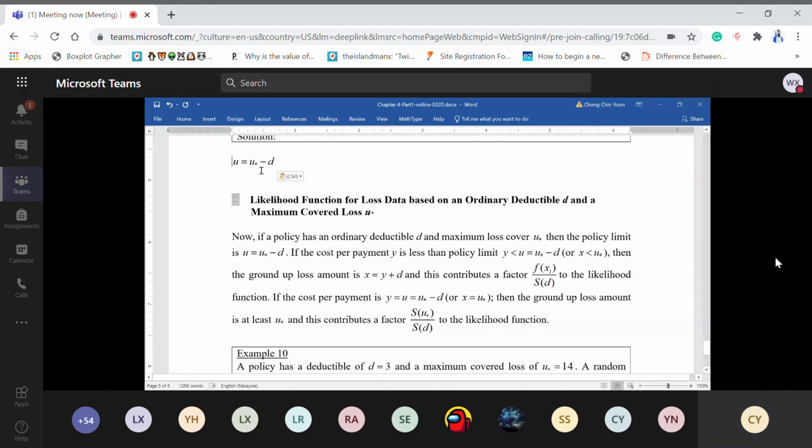In fact, this maximum covered loss is equal to u plus D. So what I want to say is this.